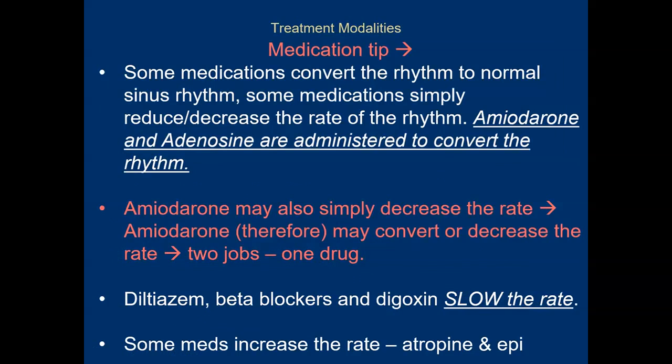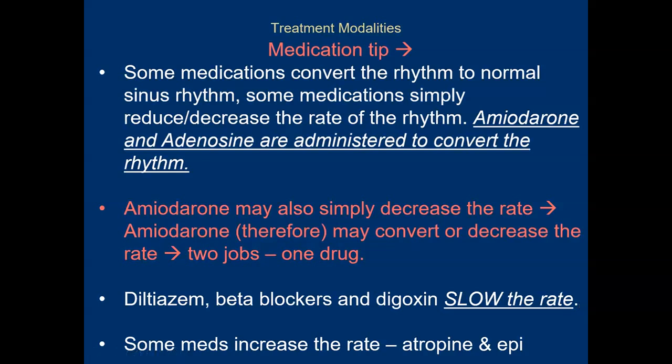So what is the significance of this laundry list of drugs, especially the drugs that were mentioned: amiodarone, beta blockers, Cardizem, and digoxin? What is their goal? Well, their goal is to slow the rate down. So some drugs will slow the rate down, and that's the key thing for you as you write these drugs down.